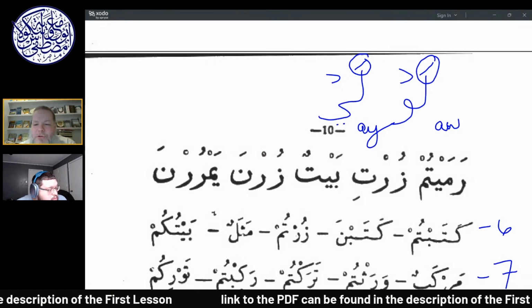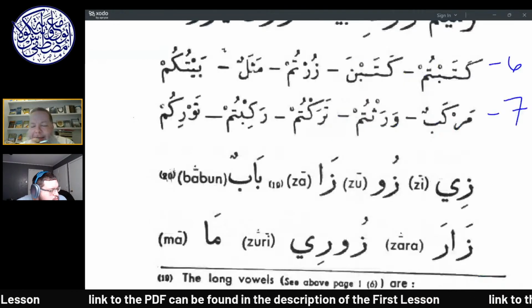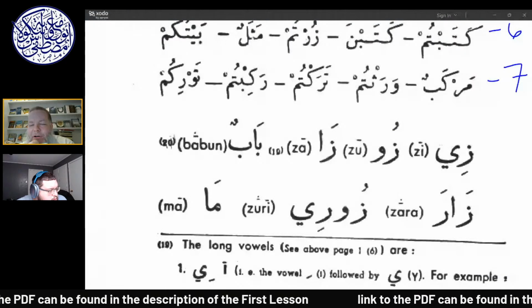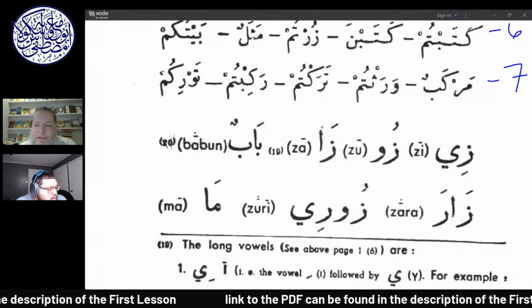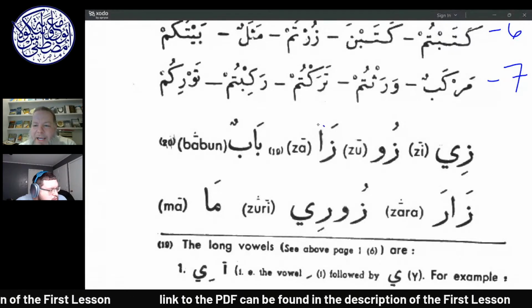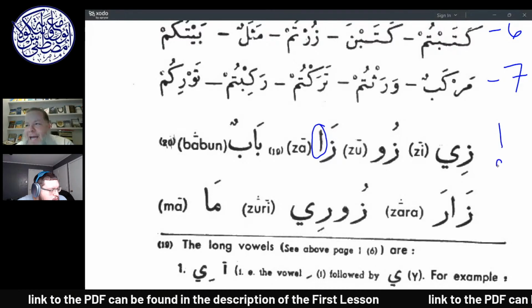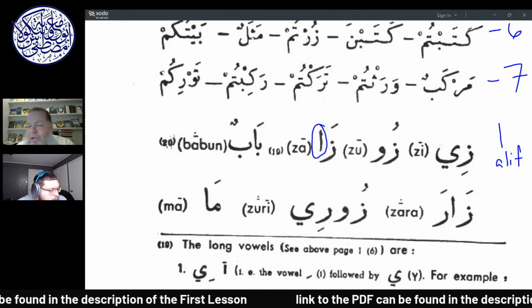Now, the next thing they do here is introduce to us long vowels. They didn't really give us the third letter that we need for the long vowels yet, but they're going to introduce it right here. This here is called an aleph. It does not make a sound on its own.